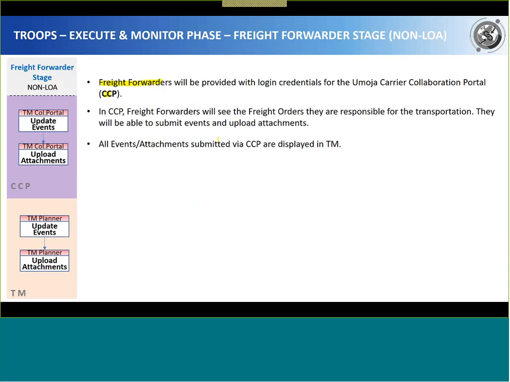Okay, there is a real integration between CCP and TM. So all the events and attachments that are submitted in CCP can be seen in TM. So UN roles will not have access to CCP, but they will be able to see all the submitted information in TM.